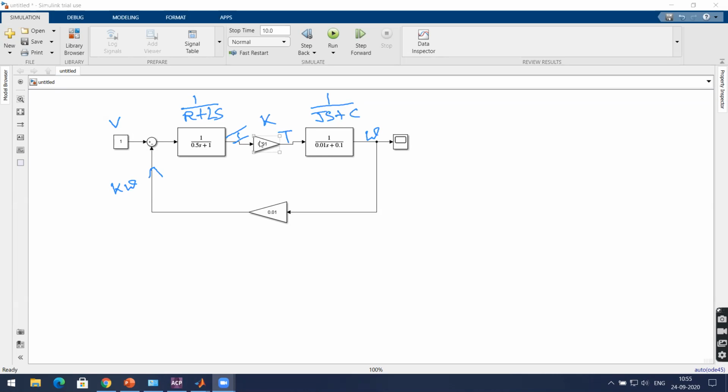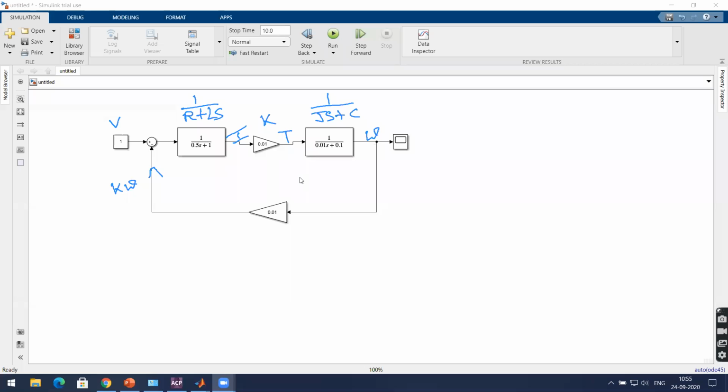And this is the K constant, this is the K constant. You have two inputs. If you have to get the radians per second, you need V minus K omega. But how do you get omega? You get it from the output only. So you take a feedback from that and connect it here.